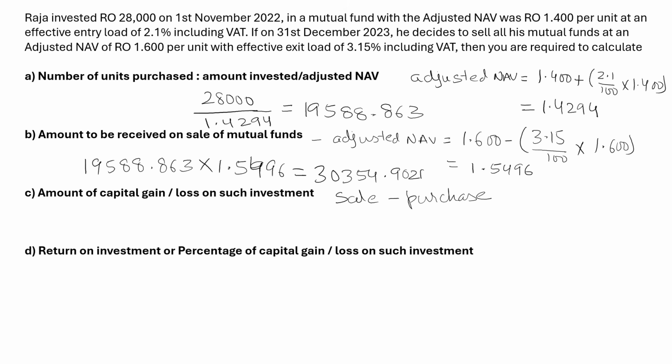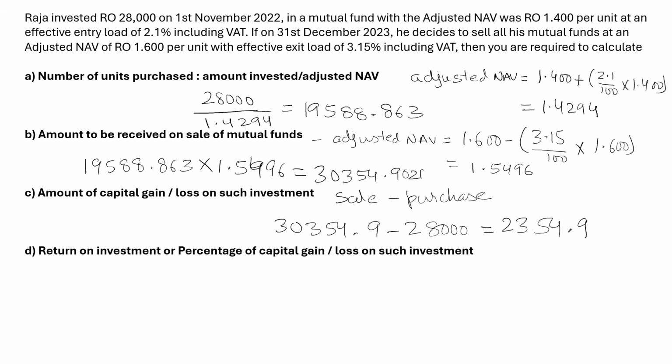So what is the sale amount? 30,354.9 minus what is the purchase amount? 28,000. So how much is the capital gain? The profit which he is getting is 2,354.9.